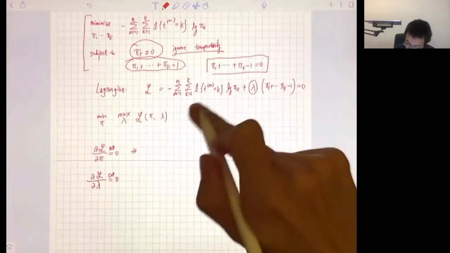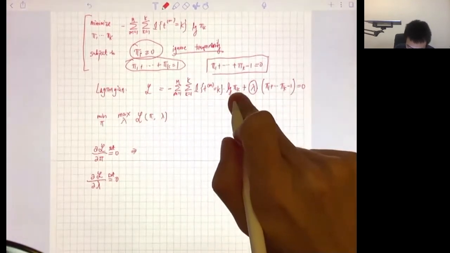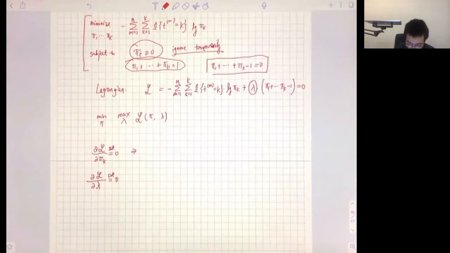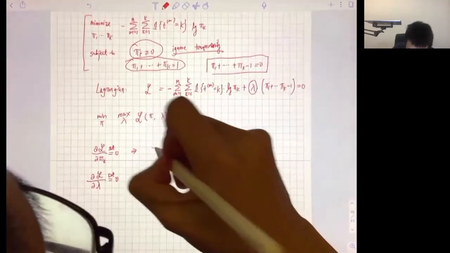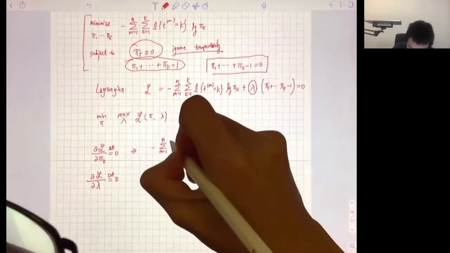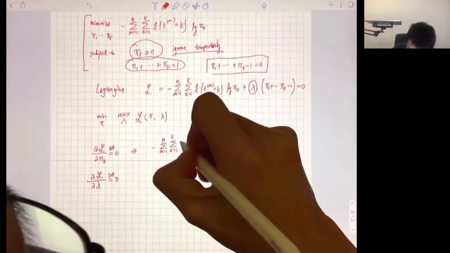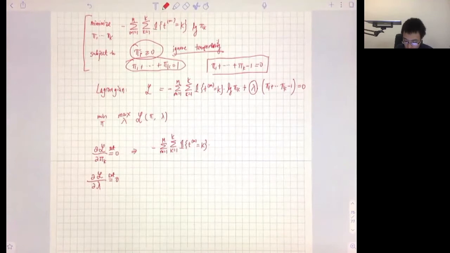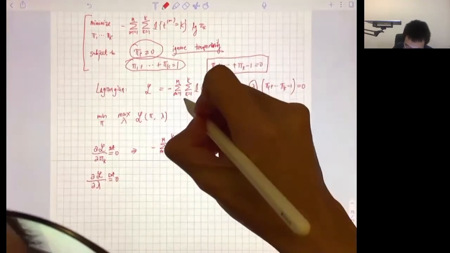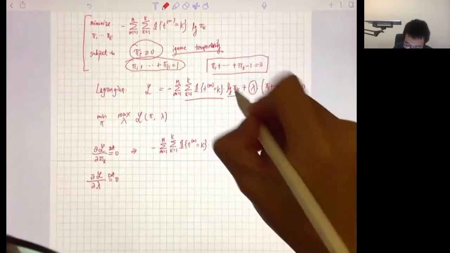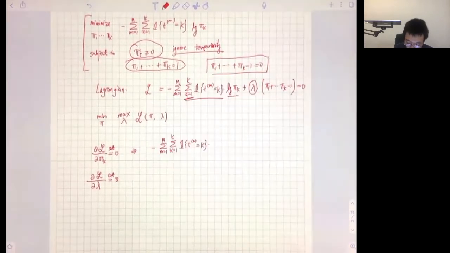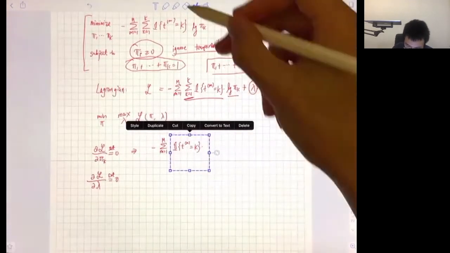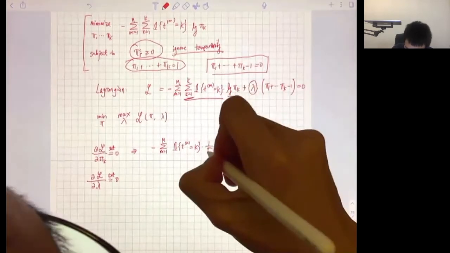So this gives me the partial derivative with respect to a particular pi k, set to 0. This gives me minus the sum from 1 up to m. But I consider a particular k, and pi k is only involved in the term where you have that k, so I can eliminate this summation, leaving 1 over pi k.